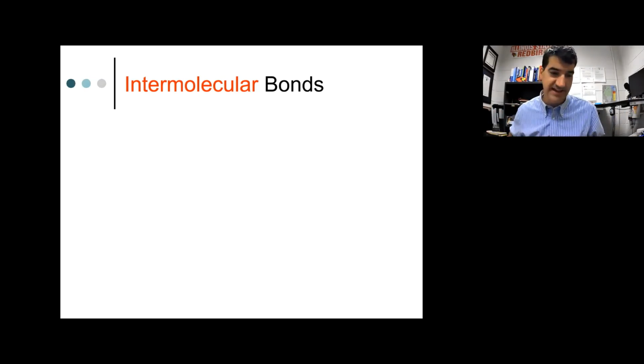There's just one last type of bond that we're going to talk about, and we're almost through talking about bonding. So we've talked about atomic level bonding, atom to atom, and now we're going to talk about molecule to molecule. You might have a molecule over here made up of atoms that are bonded together through ionic or covalent bonds.